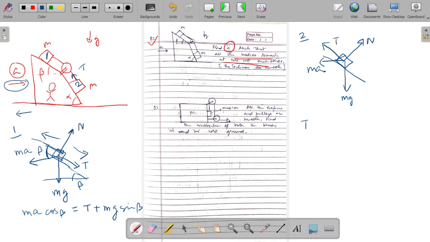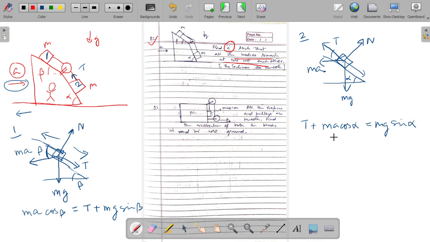So it's tension plus ma cos alpha is equal to mg sin alpha. That is, the forces acting along the incline in the upward direction should balance the forces acting along the incline in the downward direction.